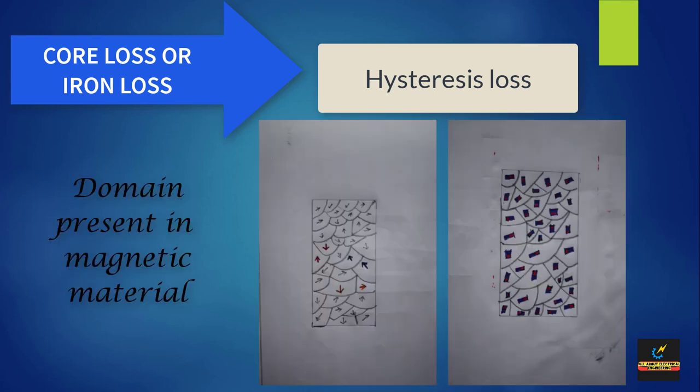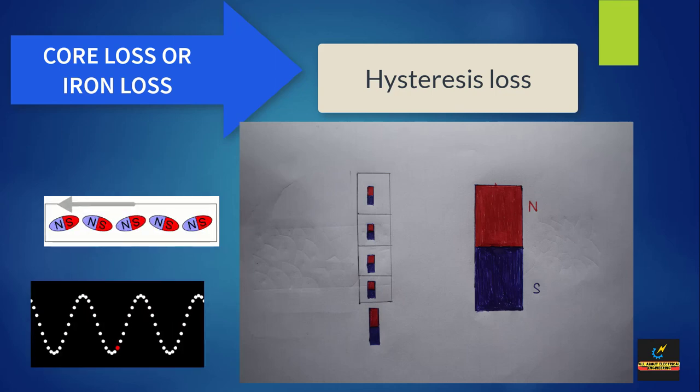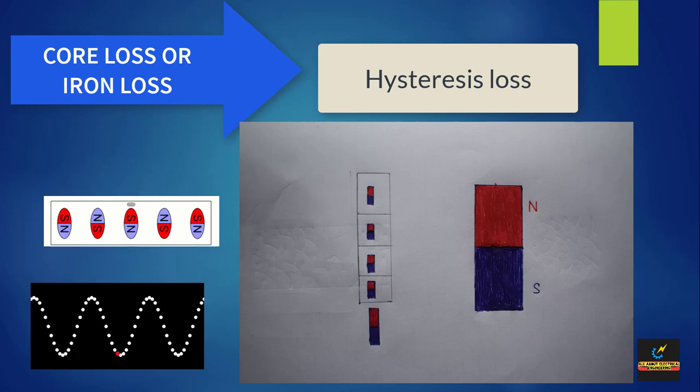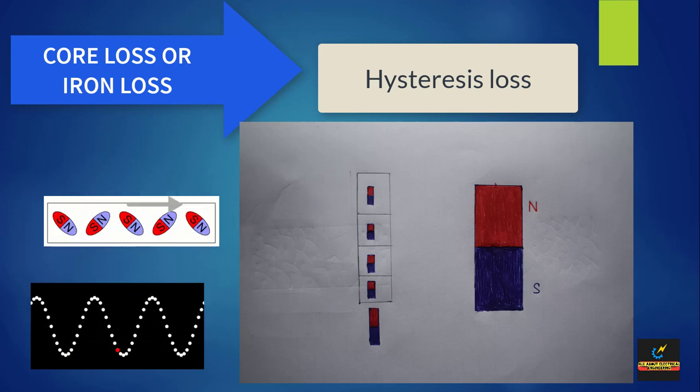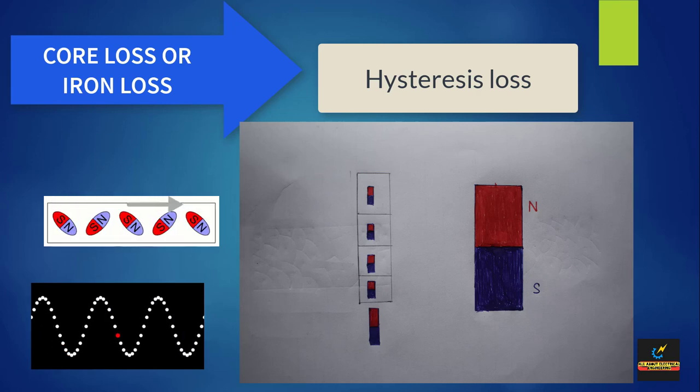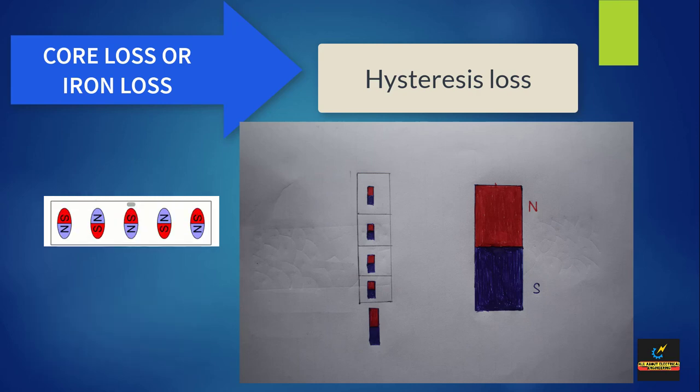The domains present in the magnetic material will change their orientation after every half cycle. The power consumed by the magnetic domains for changing the orientation after every half cycle is called hysteresis loss.